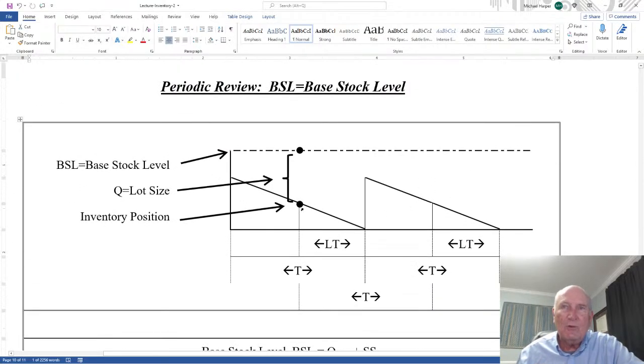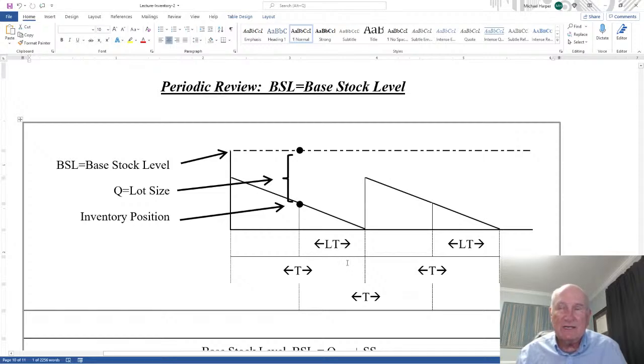Well, when you place an order here, that order must satisfy not only the lead time, but also the inventory period before you receive the next lot size that you order. In other words, how much time does that order have to satisfy?